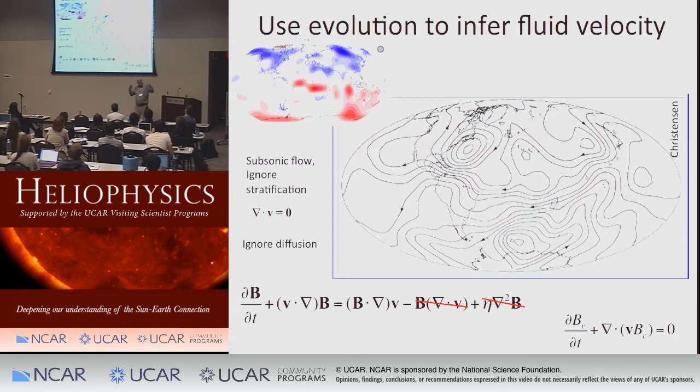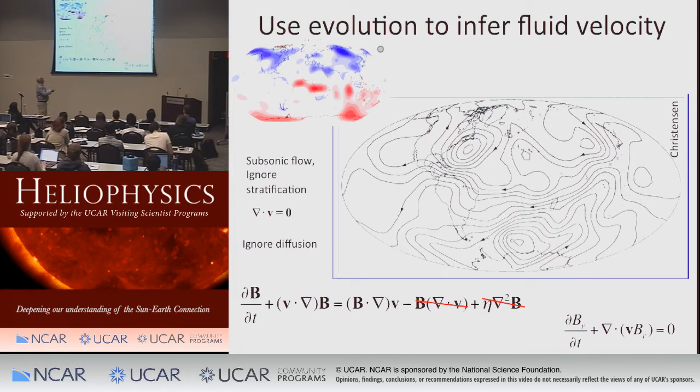So what, in this approximation, is happening to make this magnetic field change is the Earth's core flow is moving it around. And we've measured the magnetic field changes, so we can measure the flow, and that's what's plotted here. And this comes out of one of the chapters of your textbook. And so you can see this is the flow field that is moving our magnetic field around.